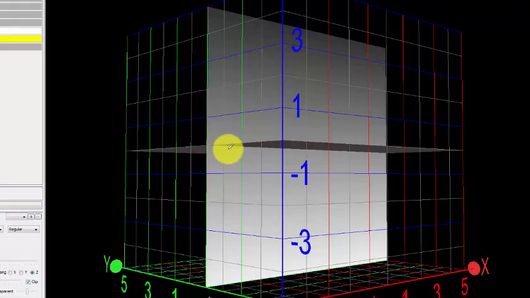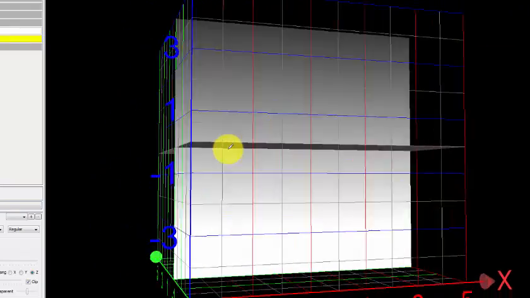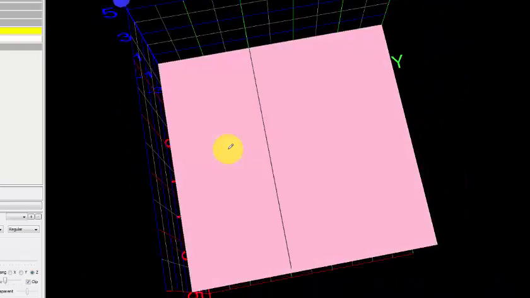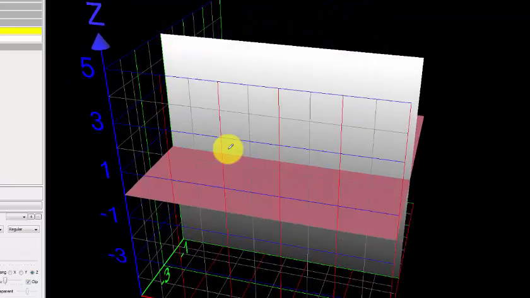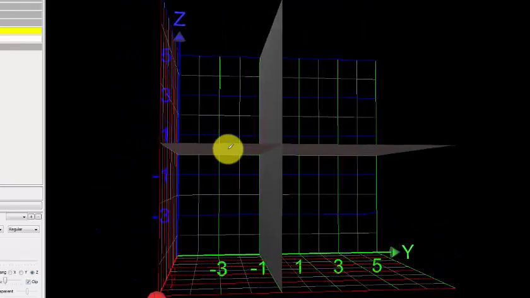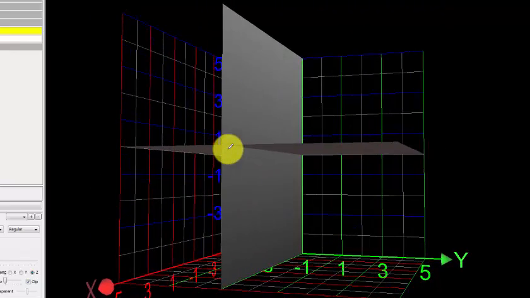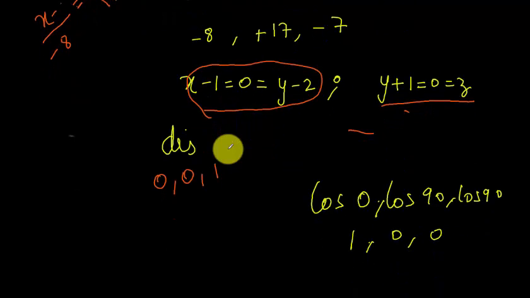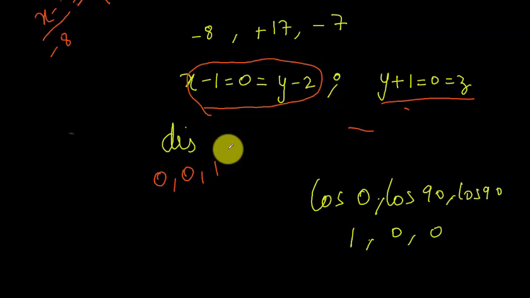Now if you analyze this graph again, you see that this particular line is perpendicular to the z-axis, it is perpendicular to the y-axis. What it's parallel to is the x-axis. So I'll have cos 0, cos 90 and cos 90 as the drs. So cos 0 is a 1, so the dr of that particular line is going to be 1, 0, 0.